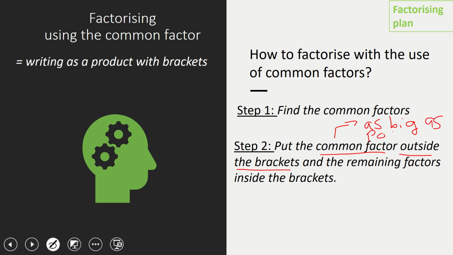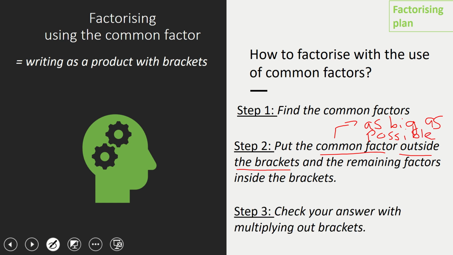So as big as possible, write that down. Lastly, you need to check your answers with multiplying out brackets. Step 3 is really important at the beginning of learning how to factorize. If you get more confident, you do not need to check your answer each time, only if you're not sure.